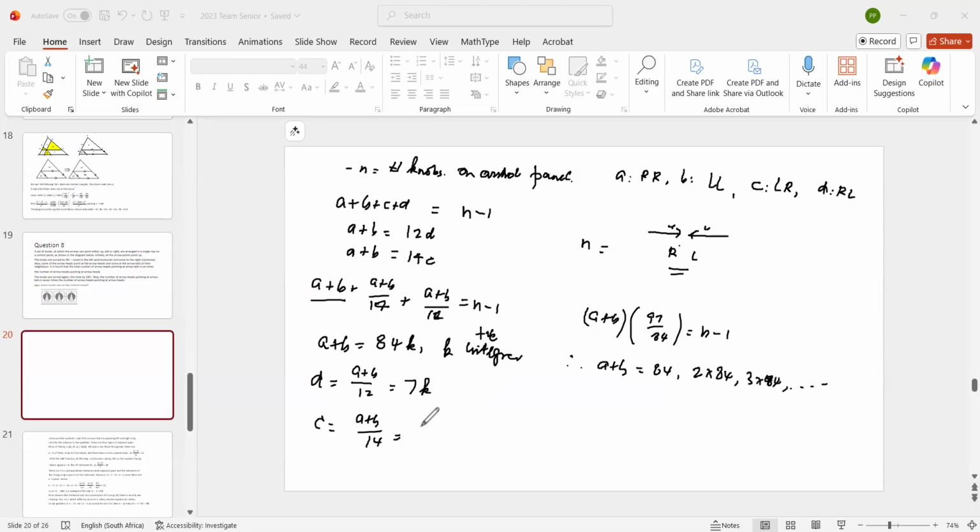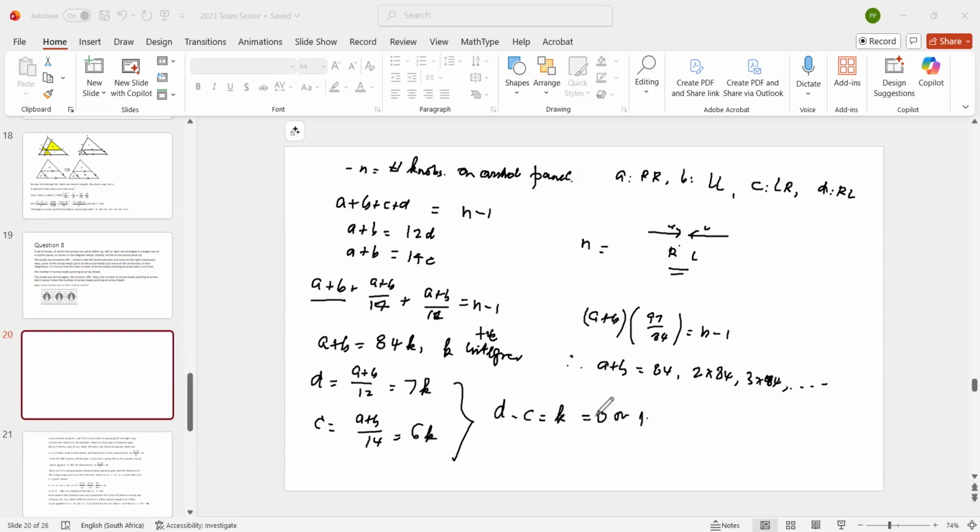So there you get 84K over 14. That gives 6K. And you'll see that D minus C is equal to K. 7K minus 6K. But we said earlier on the D minus C, right, the difference between the RLs and the LRs is either 1 or 0. So this is equal to 0 or 1.